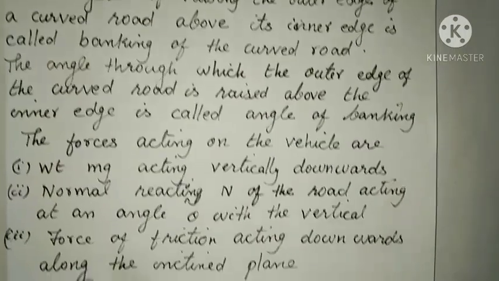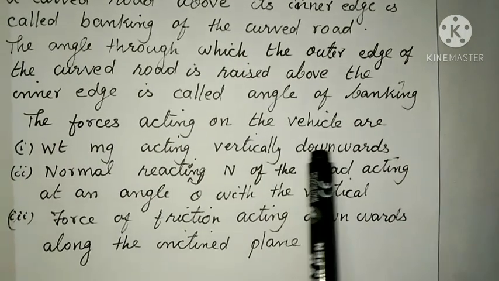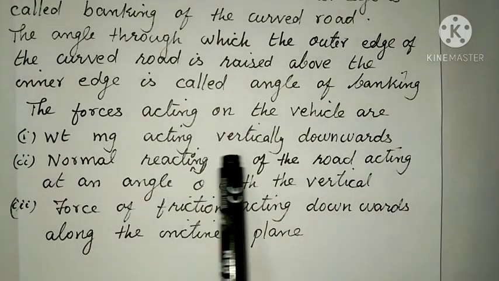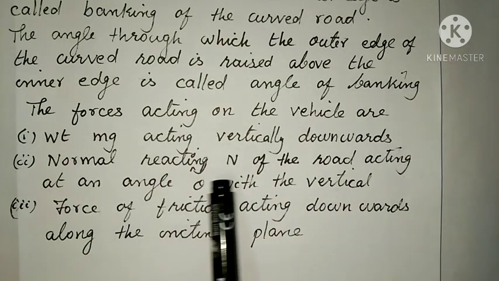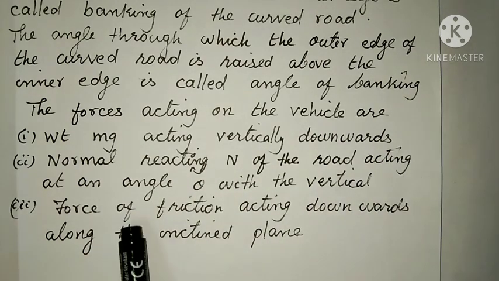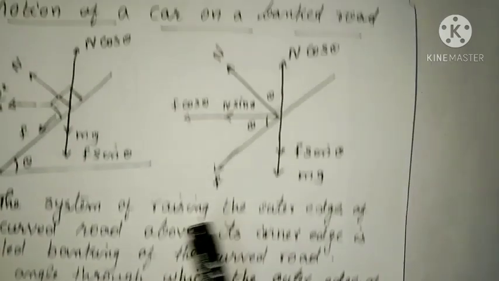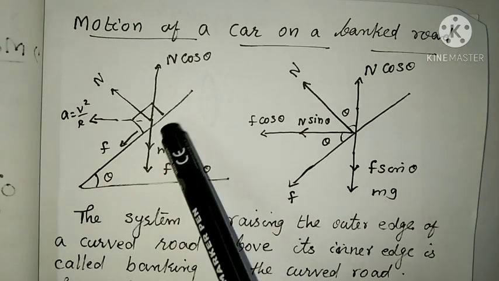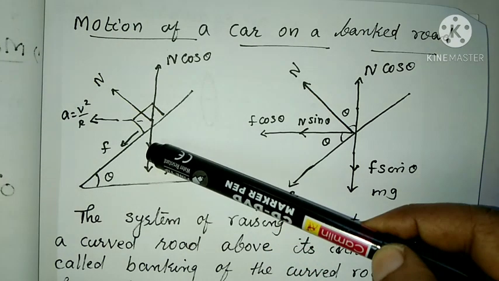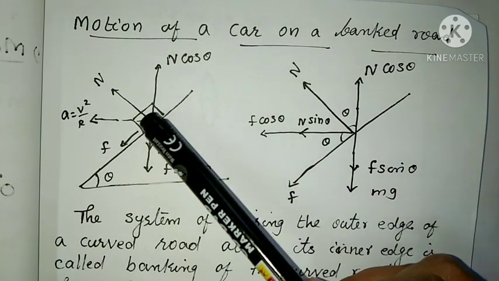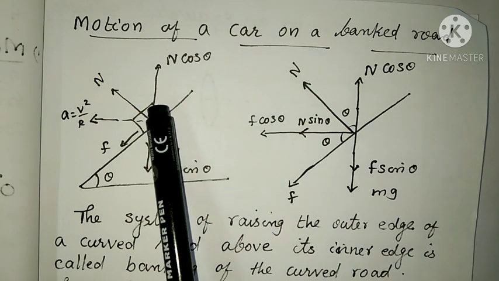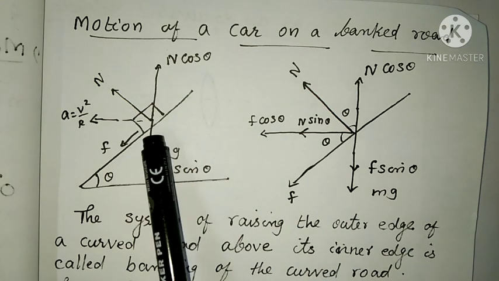So once again, what are the forces? The forces acting on the vehicle are weight mg acting vertically downwards, then normal reaction N of the road, then force of friction acting downwards along the inclined plane. In this figure the weight mg acts vertically, and the normal reaction acts at an angle theta with the vertical, not like this.